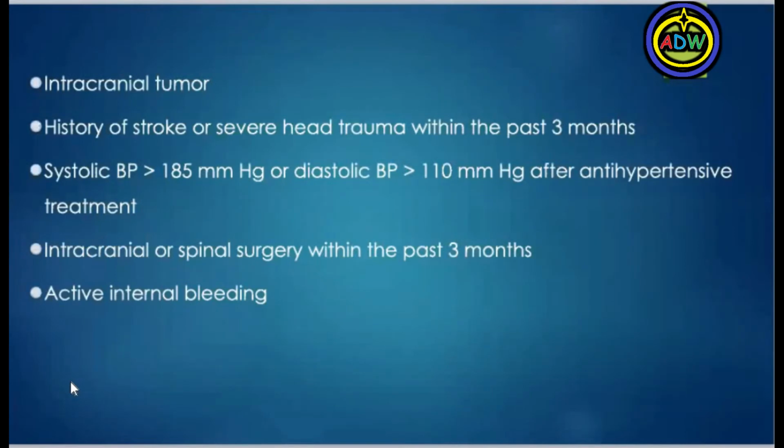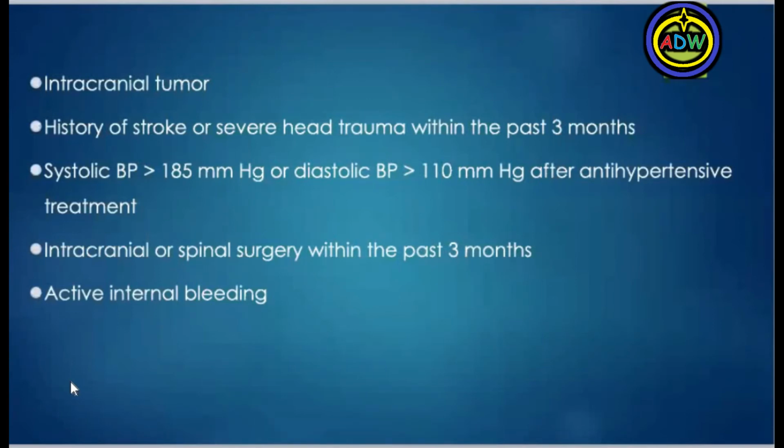If the patient has an intracranial tumor, it is a contraindication. If the patient had any severe head trauma within the past 3 months, it is a contraindication. When the patient's systolic blood pressure is more than 185 and diastolic blood pressure more than 110, it is also a contraindication. If the patient had intracranial or spinal surgery within the past 3 months, it is a contraindication.